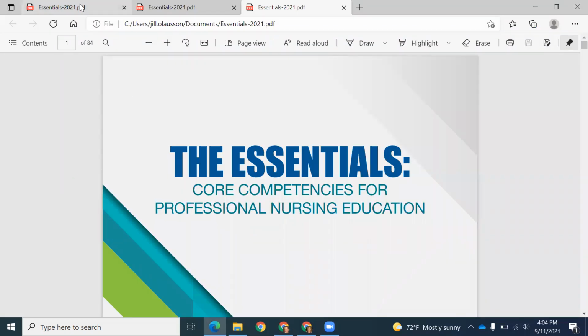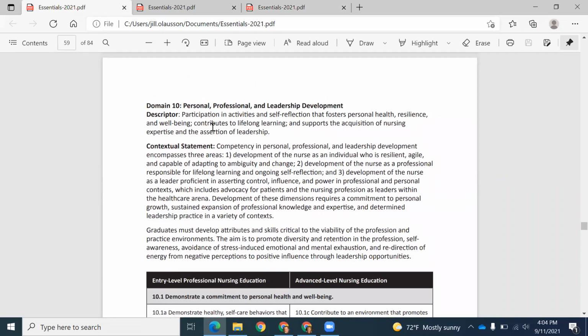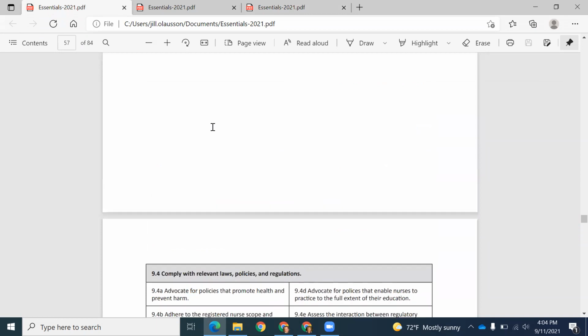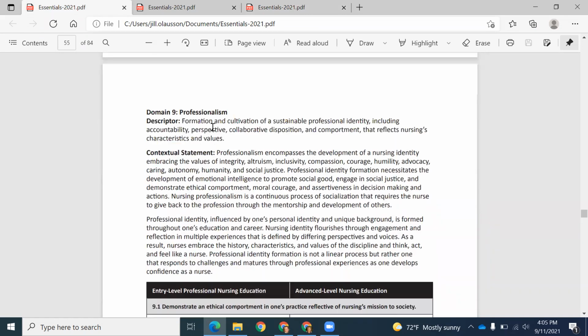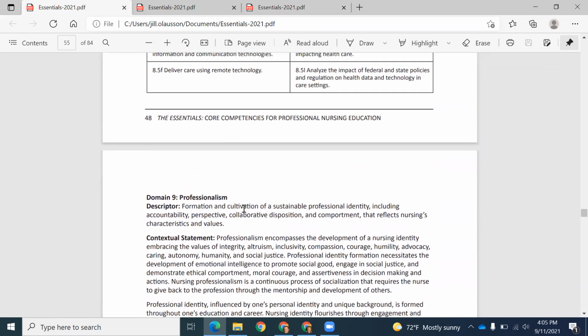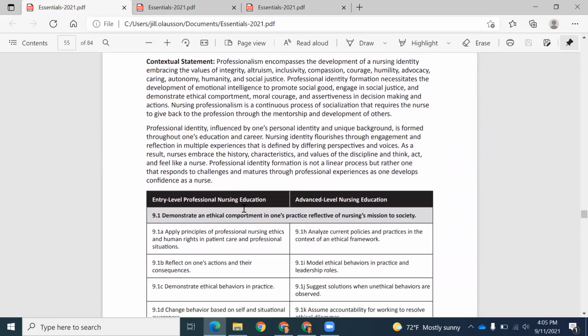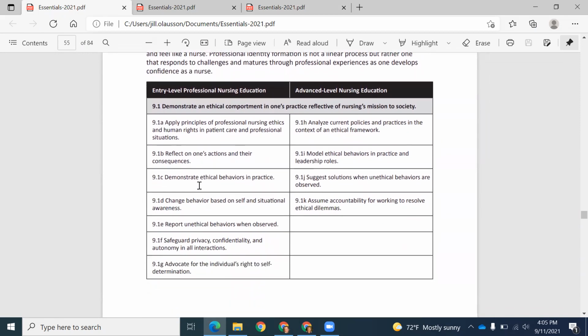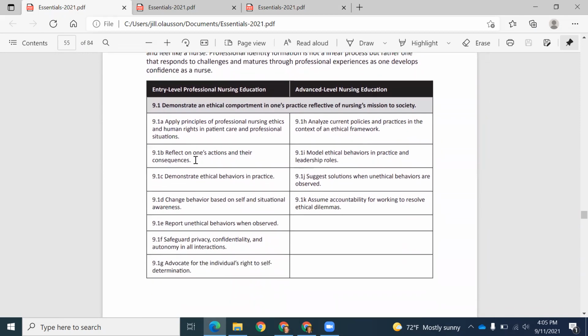The essentials go through these different domains that they say are an essential part of nursing education. So professionalism is domain 9. They say at entry level to nursing, these are the competencies, and these are all written at the appropriate level of Bloom's.